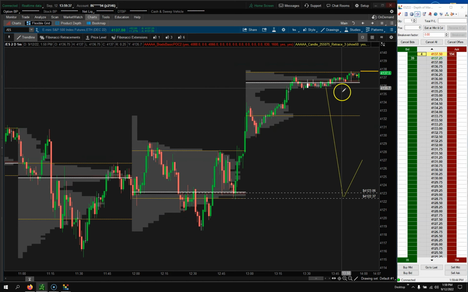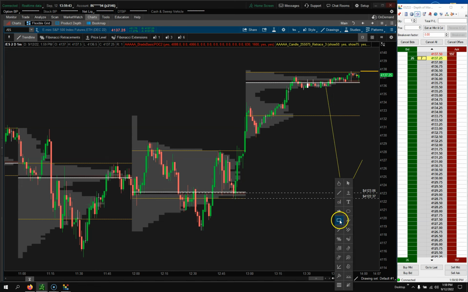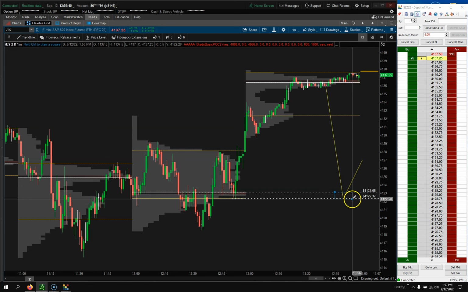And essentially, I'm saying, hey, if we come into this level, which is my buy zone level, I'm actually going to make that bet. Because if we could come down, it fills me, and we bounce off this level, and I could get my 2 points, I just made $100 with $100 worth of risk.